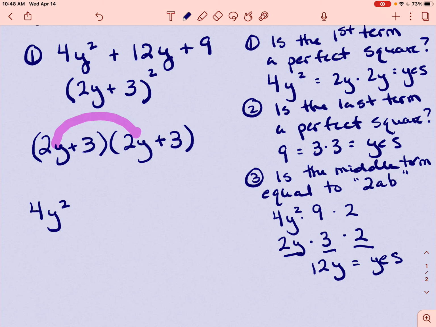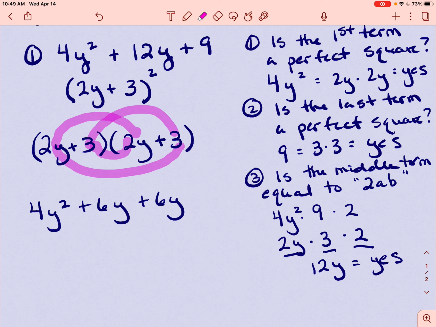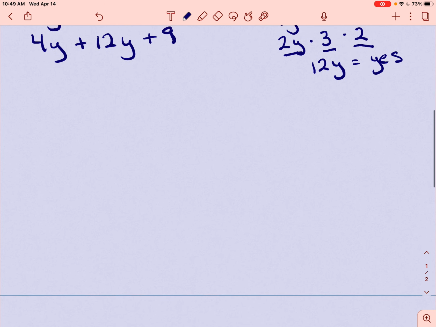You would just do more work. And 3 times 3 is 9. We put that together. We have it.